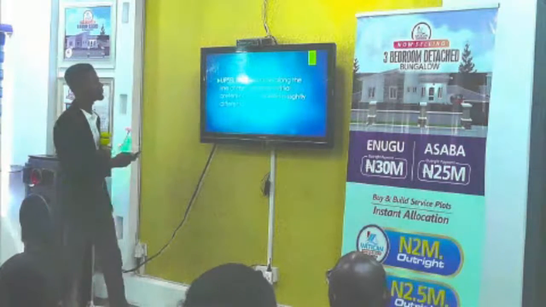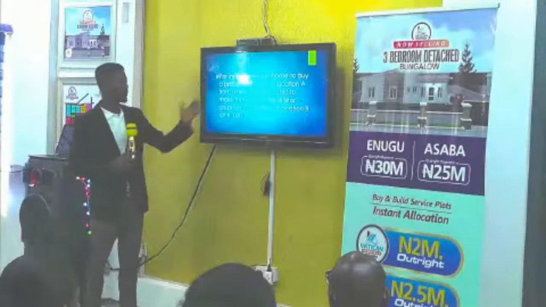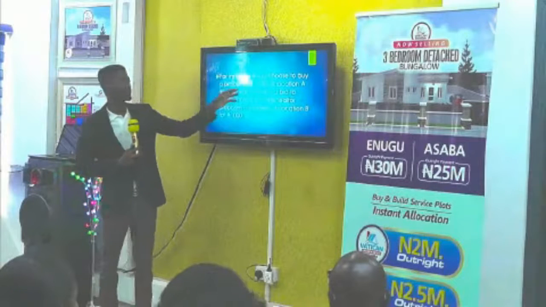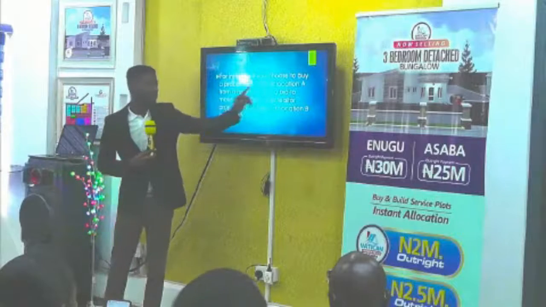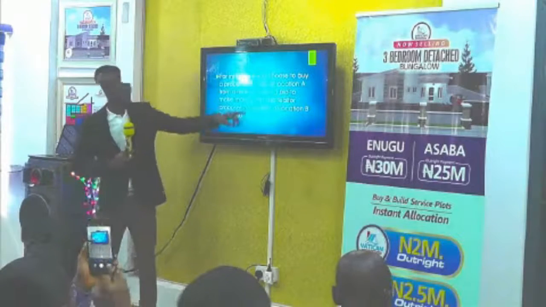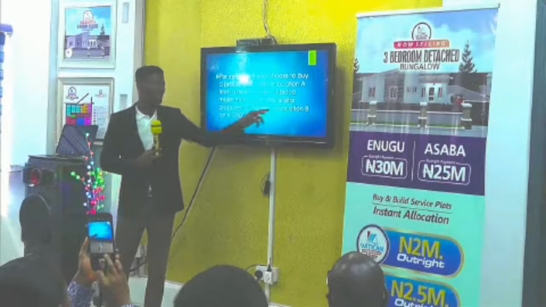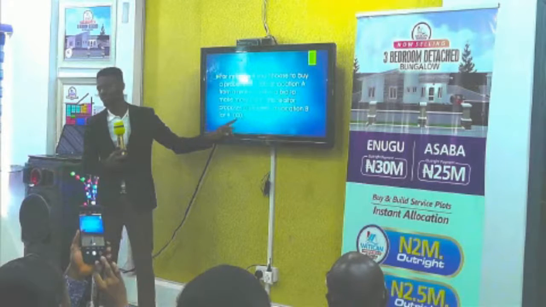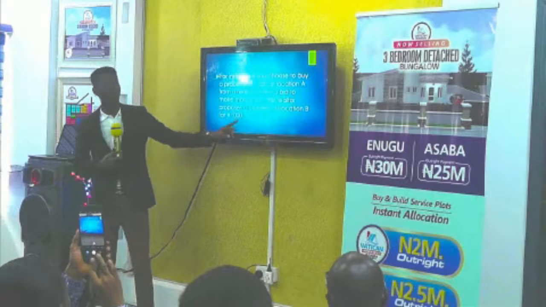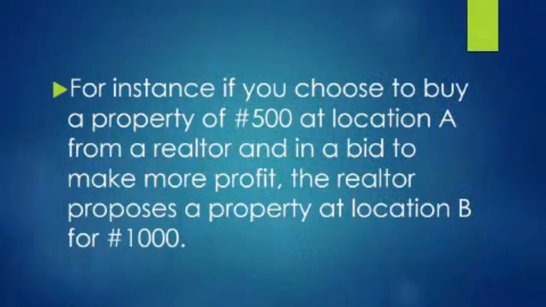Look at this. For instance, you choose to buy a property of 500 at location A from a realtor, and in a bid to make more profit, the realtor proposes a property at location B for 1,000. Many people have used this principle and it works for them. Let me give you an instance.